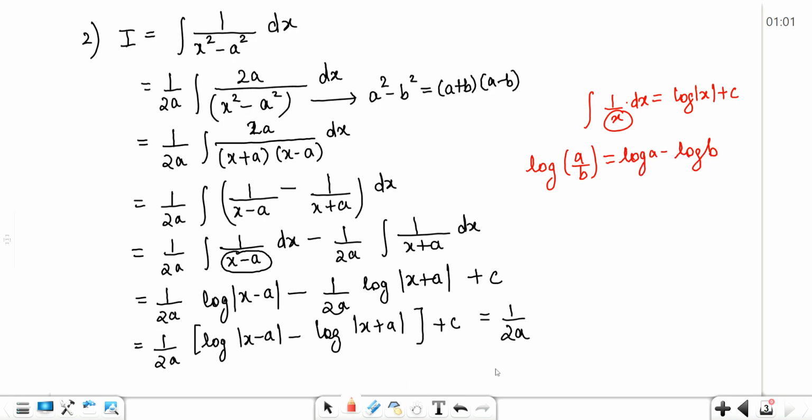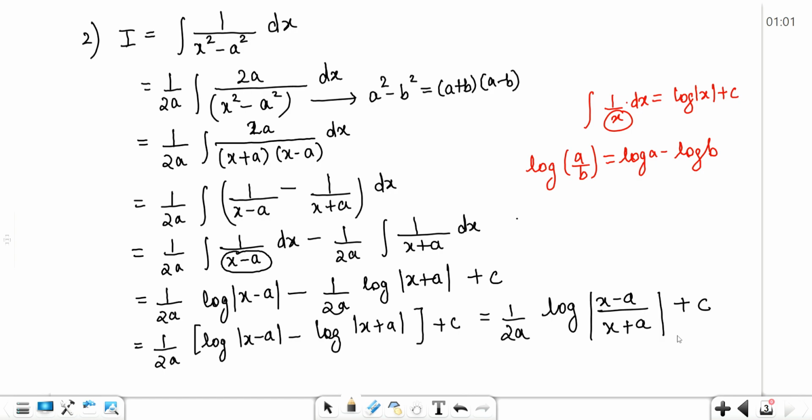Here also we are dealing with the same thing, log of a minus log of b, which gives you log of a upon b. Don't forget to put the mod, because in some cases when you substitute the value of x or a, it may come out negative, and the log of a negative is not allowed. So to handle that we have to put the mod.